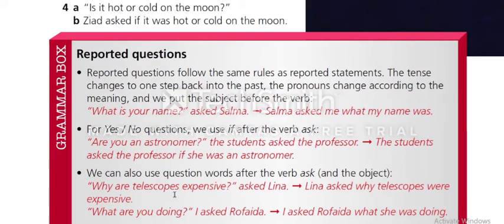"Why are telescopes expensive?" asked Lena. Lena asked why telescopes were expensive. "What are you doing?" I asked Rufaida. I asked Rufaida what she was doing. Reporting verbs include wonder, ask, want to know, etc.